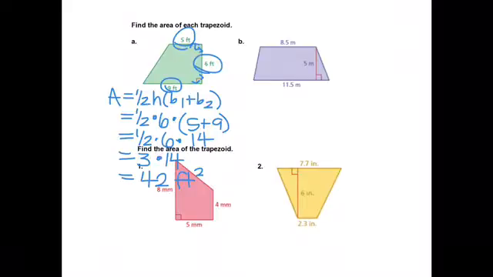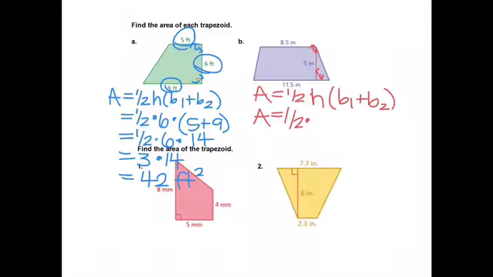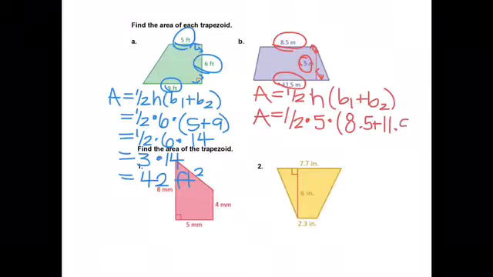Okay, looking at letter B, we're going to follow the same procedure. Again, height is in between the 2 bases. 1/2 times height times base 1 plus base 2. 1/2 times my height, in between the 2 bases, 5. Base 1 and base 2 are 8.5 plus 11.5.